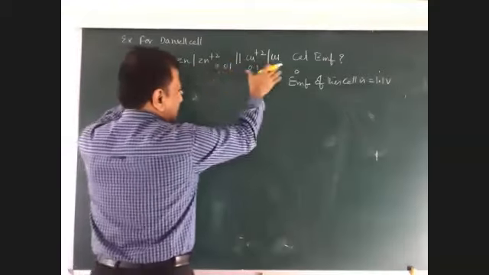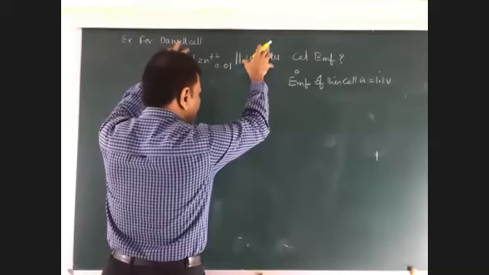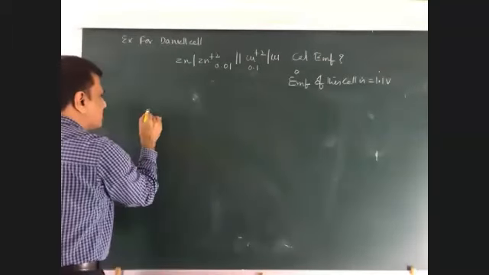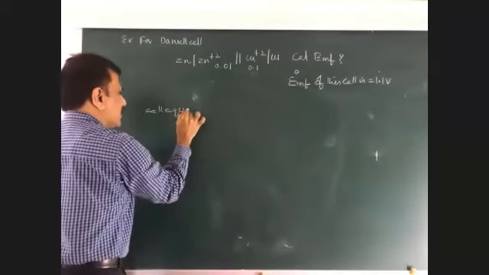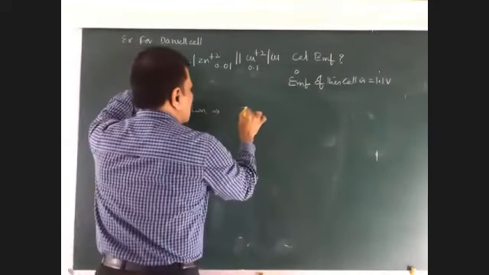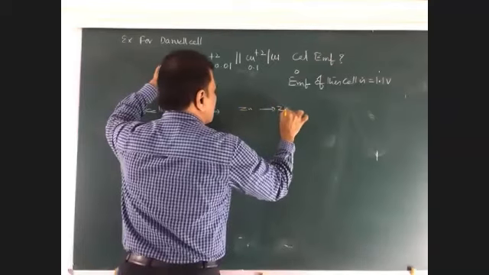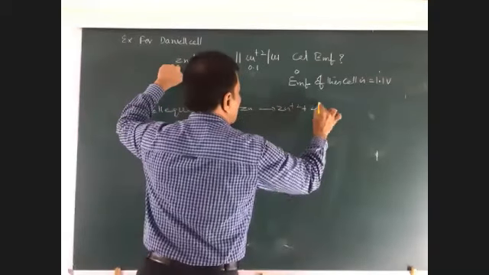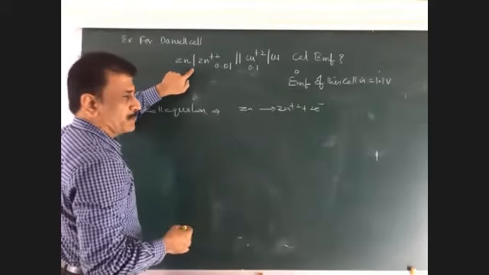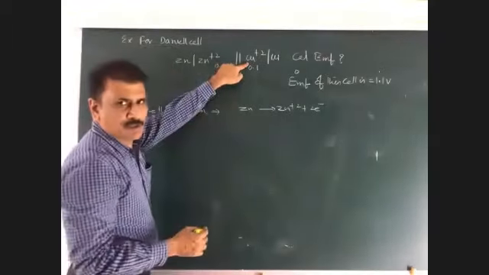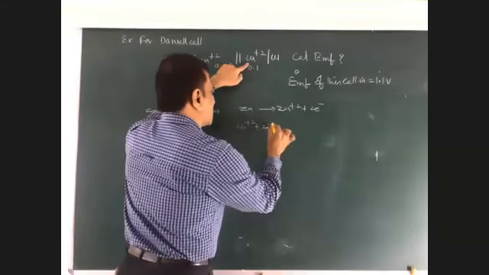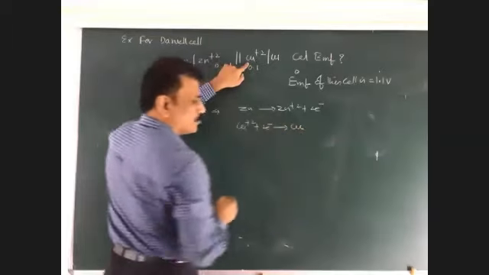Now, this is a full cell. For this, we have to write the equation. That is the cell notation, and this is the cell equation. The cell equation: zinc changes to Zn plus 2 plus 2 electrons. Since it is anode, oxidation takes place. This is cathode, so reduction takes place. So Cu plus 2 plus 2 electrons forms Cu.